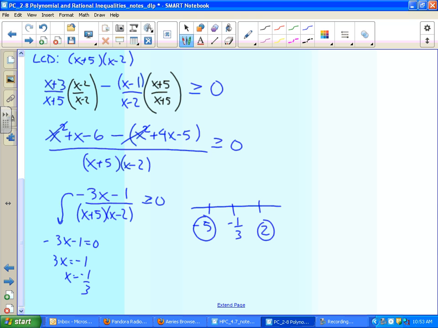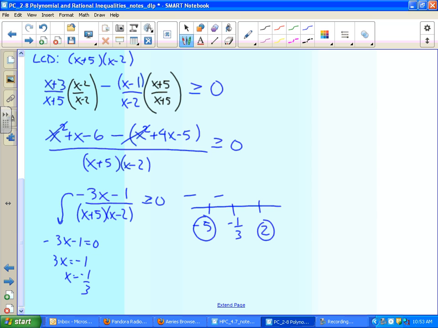To the left of negative 5, I plug a negative 6 in. I get 18 minus 1, positive on top, over a negative on the bottom, making negative. If I plug in a negative 4, I get 12 minus 1, a positive on the top, over a negative on the bottom, another negative area. So here's one where we see we don't alternate the pattern.